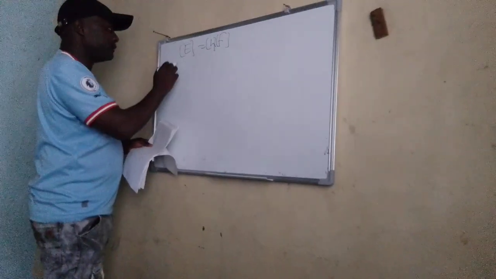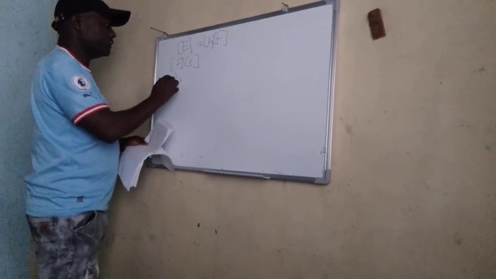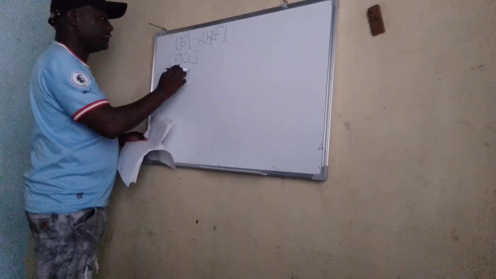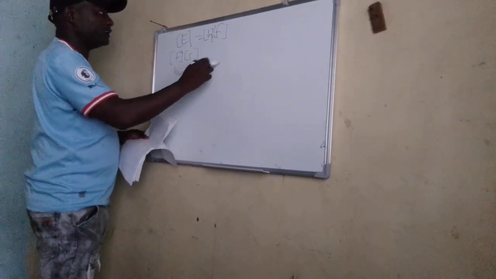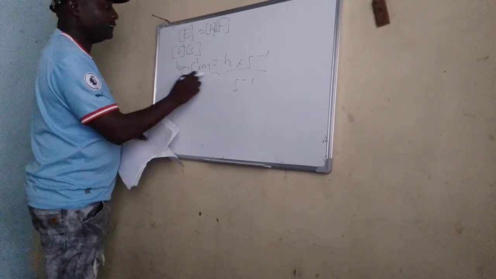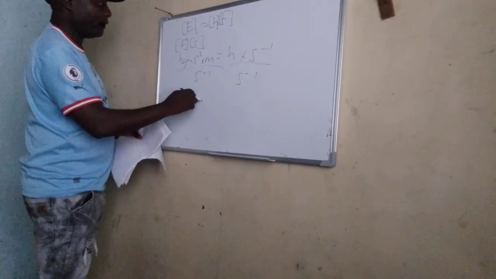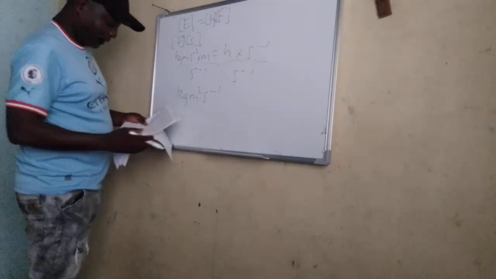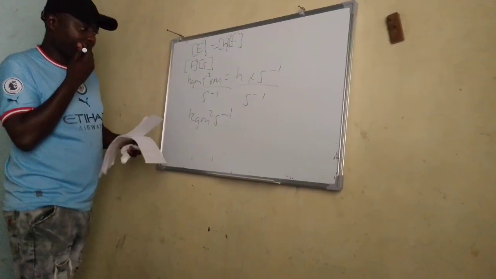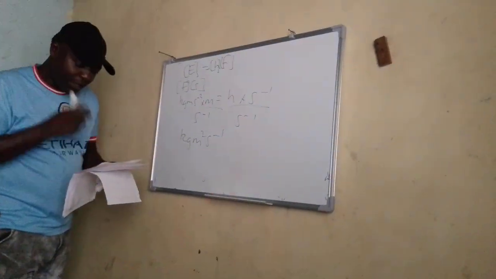E is work done, which is force times distance, so kg meters per second squared times meter. Frequency is per second. So dividing by per second, we get our answer, kg meter squared per second, which is B. Right? Then we'll move on to question 4.